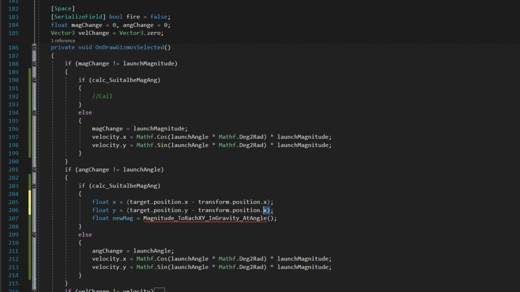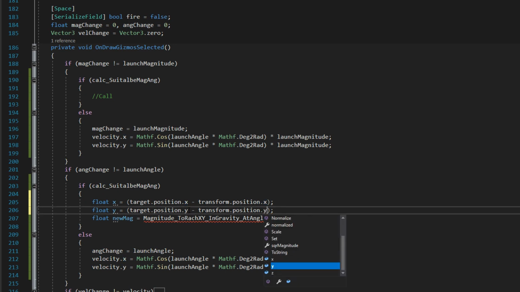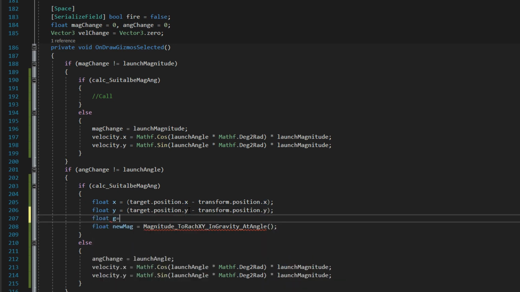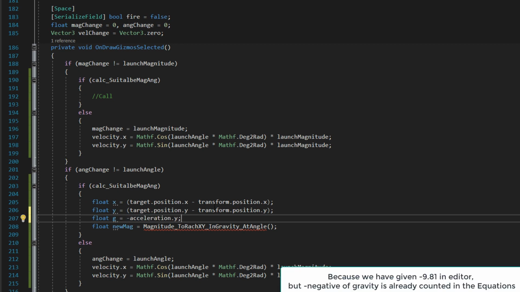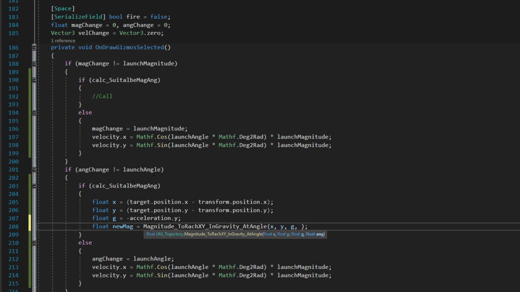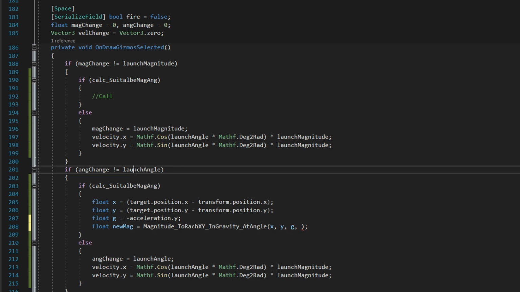Gravity, so g is equal to acceleration dot y, but we're gonna use a negative value. So we're gonna pass x, y, the gravity, and the angle for which we are calculating all this stuff.